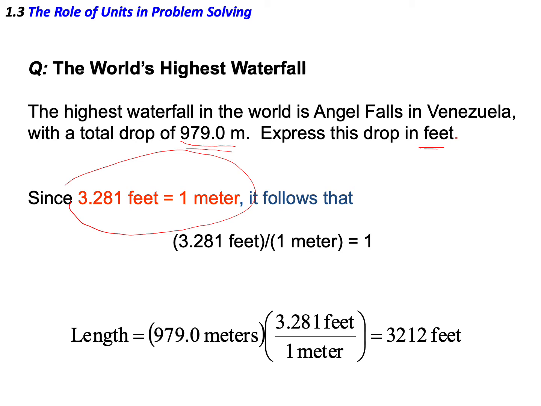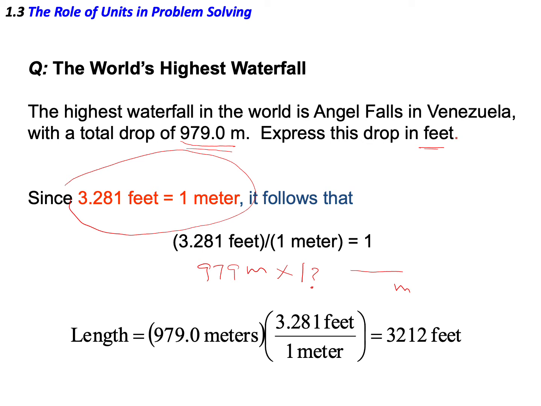So 979 meters multiplied by 1. How do you make this 1 using this conversion? Make sure you have meters here, so that you can cancel these meters with the meters in the conversion.